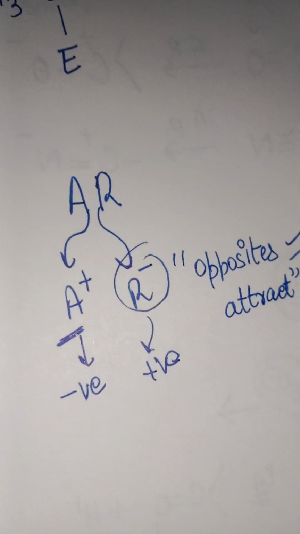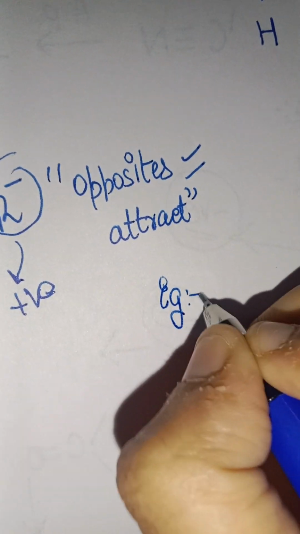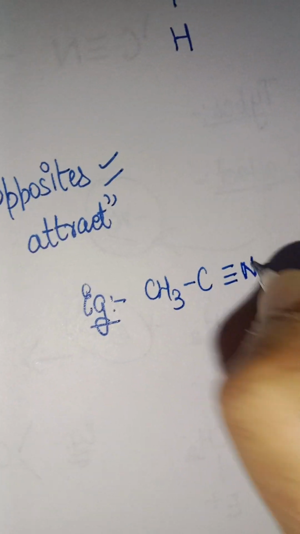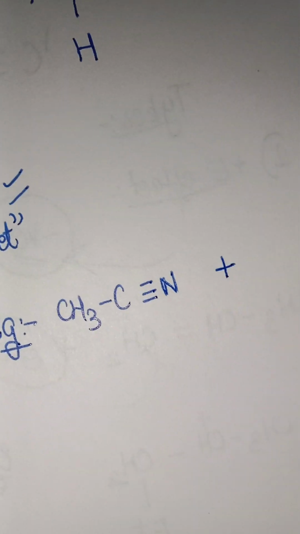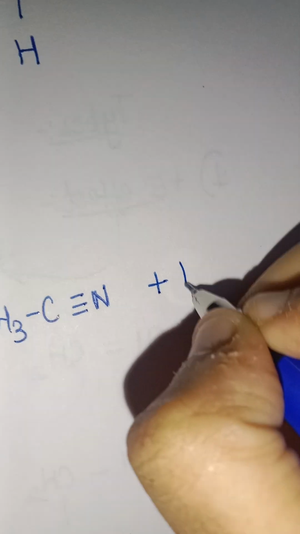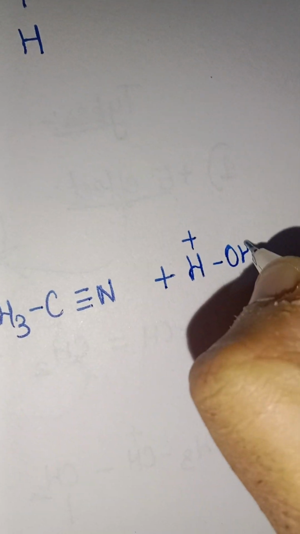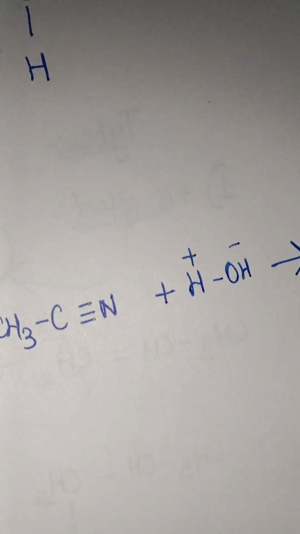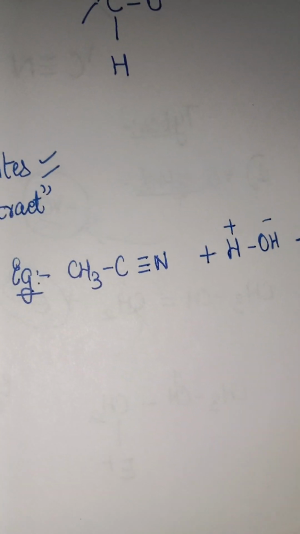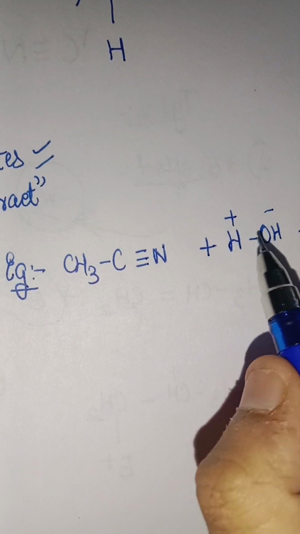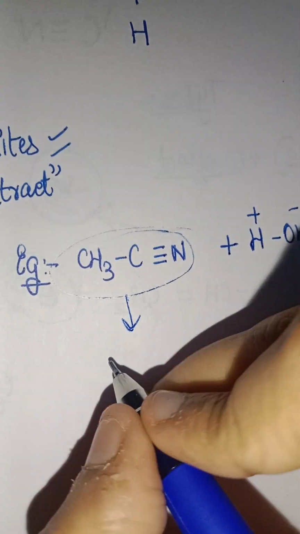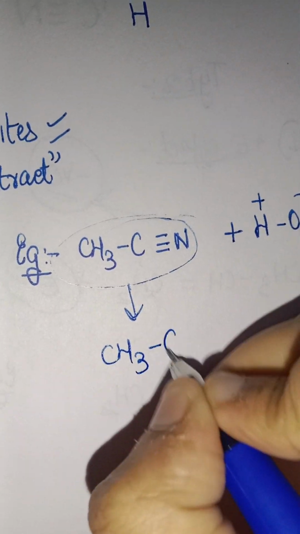This is something which is happening over here also. How it is happening, I'm just going to take an example. For example, I have this CH3 and then I have C triple bond N. Now I have this as an attacking reagent. Very simple, I'm taking H plus OH minus. So now tell me what can happen. You can even pause this video for a minute and then solve your question. First of all, you need to finalize this first. So it is going to be CH3, C double bond.